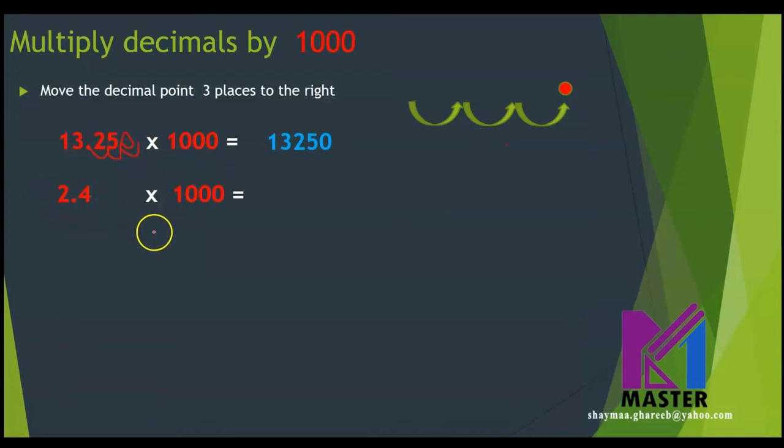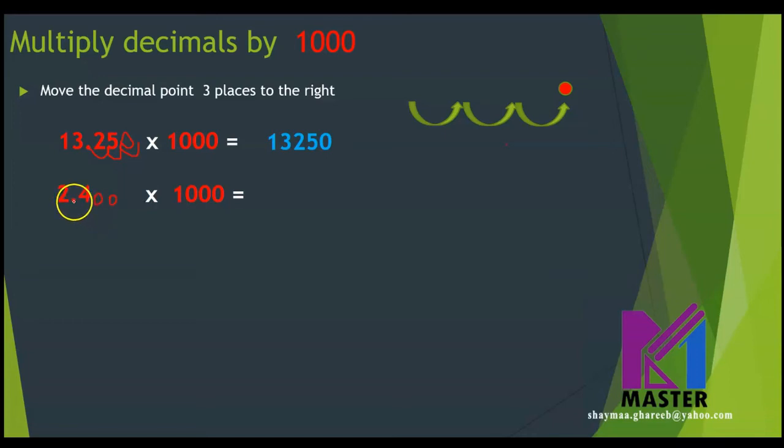Now I have 2.4 multiplied by 1000. I need to move the decimal point 3 places to the right. I only have 1 digit to the right, so I need to add 2 more zeros. So now I have 3 places on the right of the decimal point.